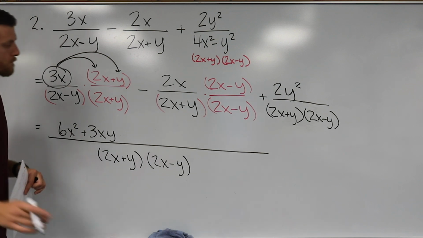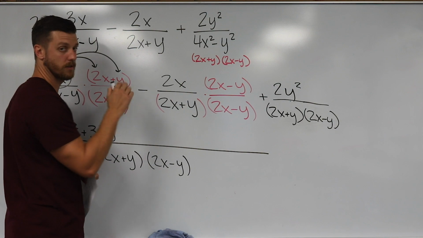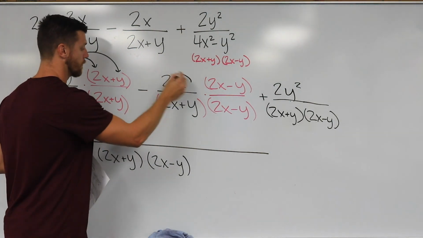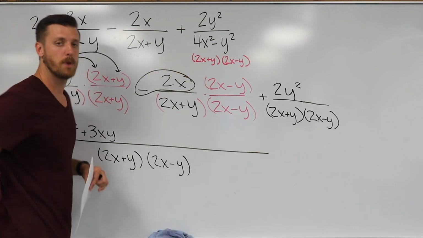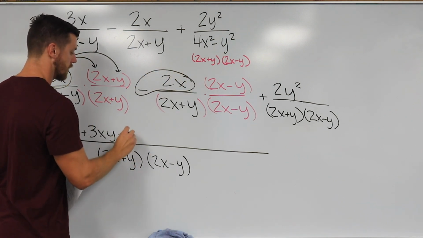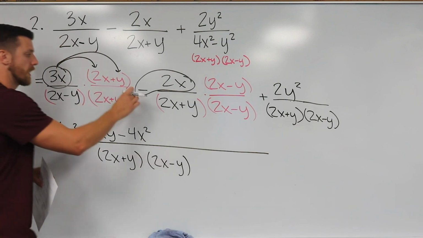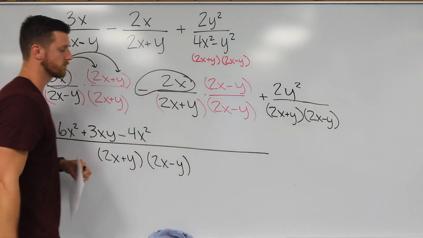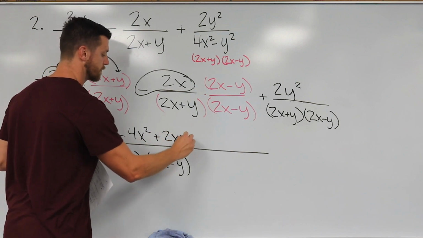Here comes the tricky part. Don't think of this just as a 2x. There's that minus sign. We're going to treat it as a negative when we distribute. What's a negative 2x times a positive 2x? It's a negative 4x squared. What's a negative 2x times a negative y? That's a positive 2xy.